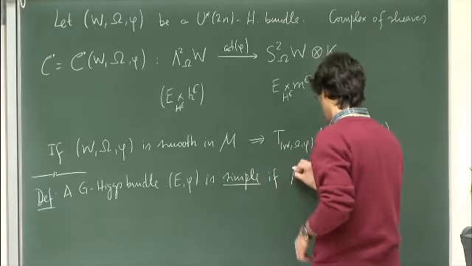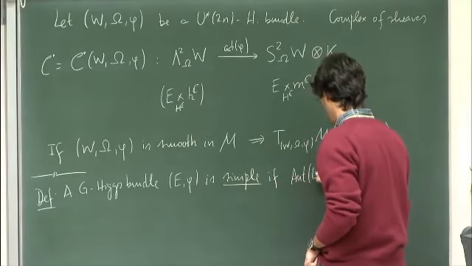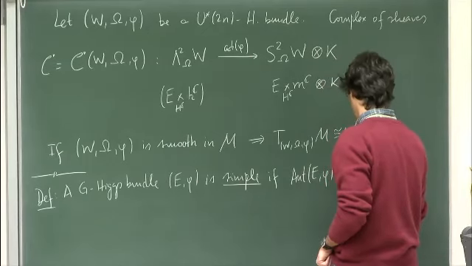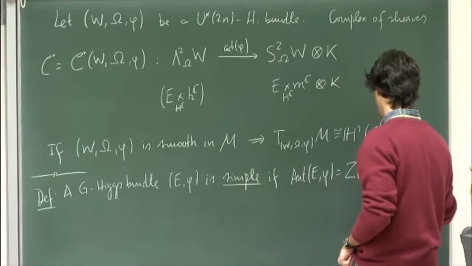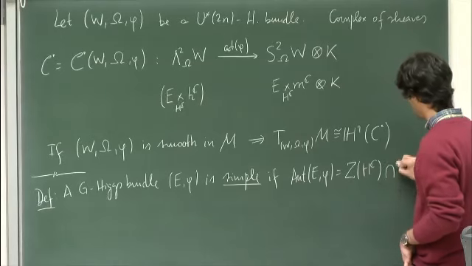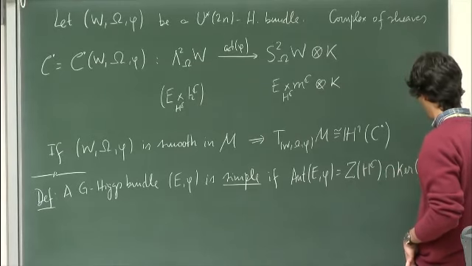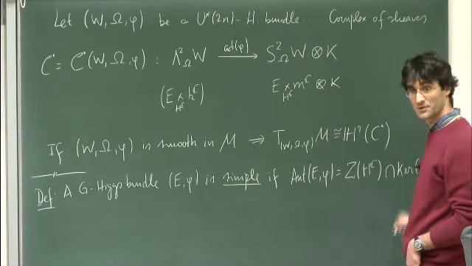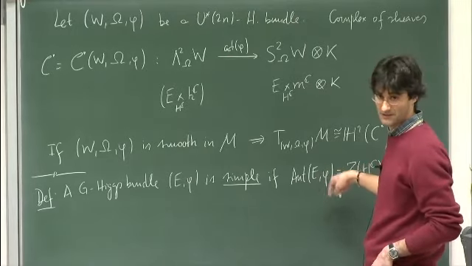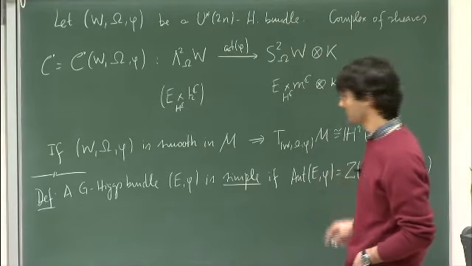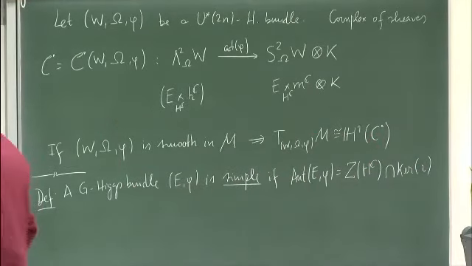So if the group of automorphisms of (E, phi) is just the center of H^C, intersected with the kernel of the isotropy representation, so that an automorphism is compatible with the Higgs field.